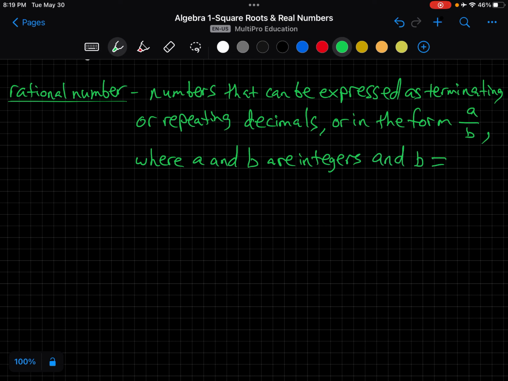And one more stipulation, B is not equal to 0, because we do not want infinity. Although it's probably a pretty nice card to draw.